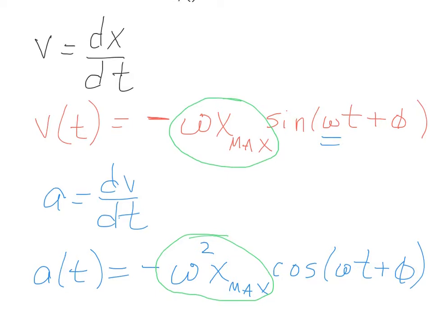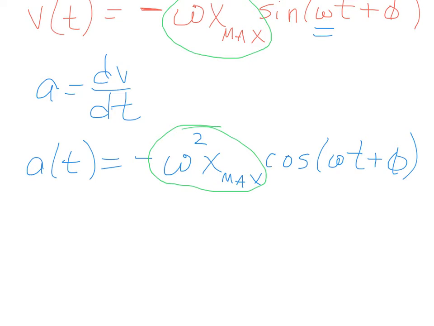I think I'll emphasize something about that. That's a characteristic that determines the timing of your oscillator. You know, some oscillators move very rapidly back and forth, and some not so rapidly. And so that omega number is what we call the angular frequency, and that is related to the more familiar frequency, which is just the number of oscillations per second.